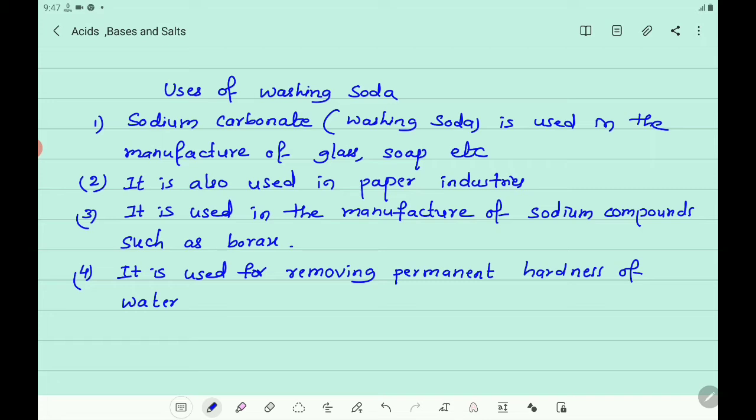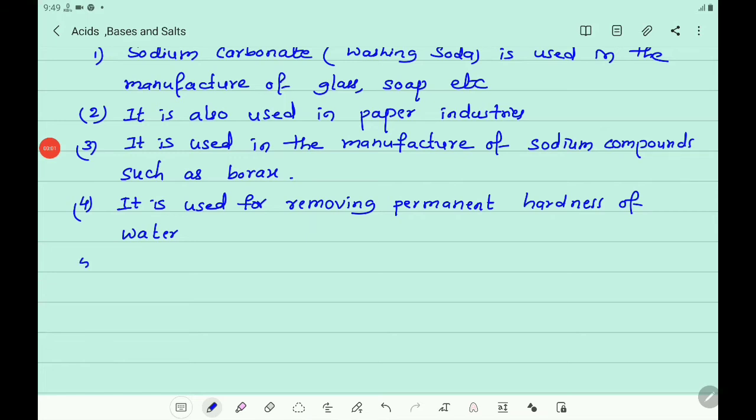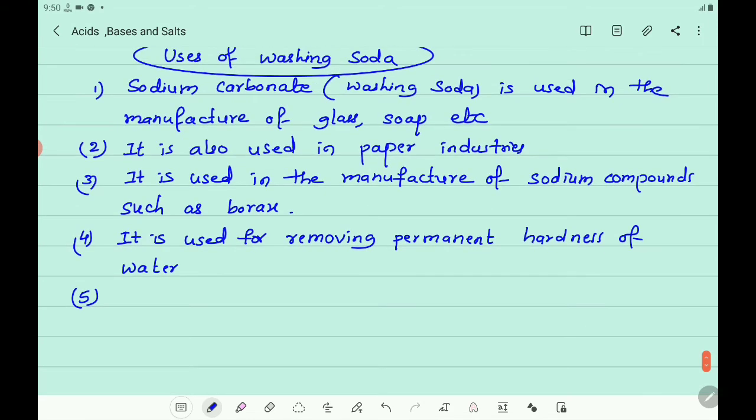These are some uses of washing soda. Then you take the next one. Sodium carbonate can be used as a cleaning agent for domestic purposes. So as it is washing soda, you can use it for cleansing purposes.